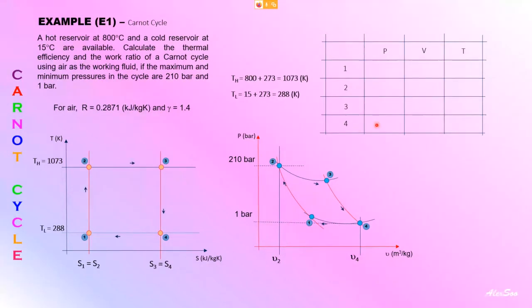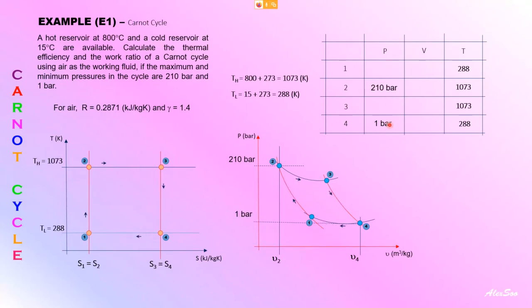Then I have to write down all the given data, that is the pressures and the temperatures especially. Now, the maximum pressure is at point 2, so P2 is 210 bar. Point 4 is your lower pressure, that is 1 bar.